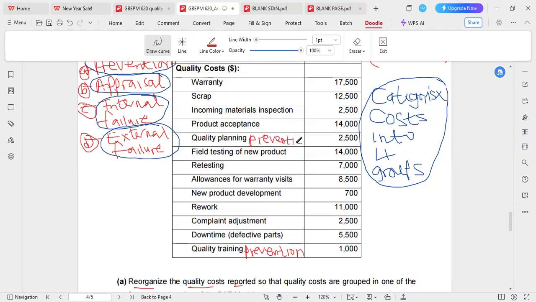Then new product development is also prevention. So this is how we have gotten to this one.